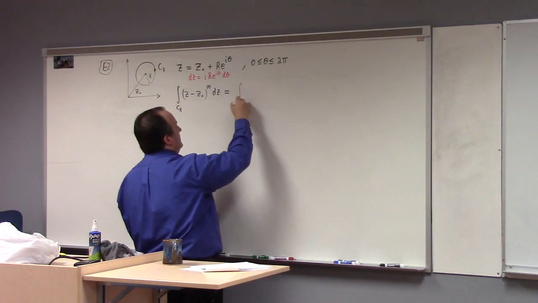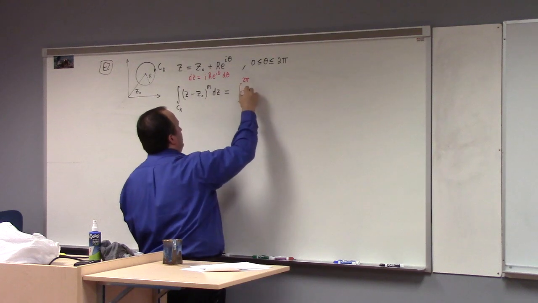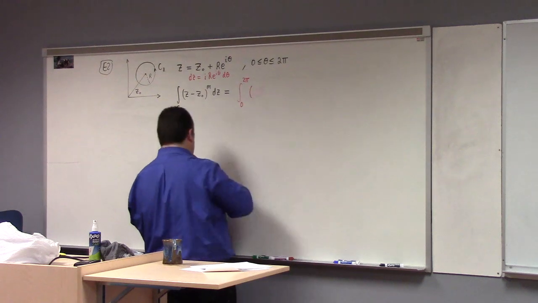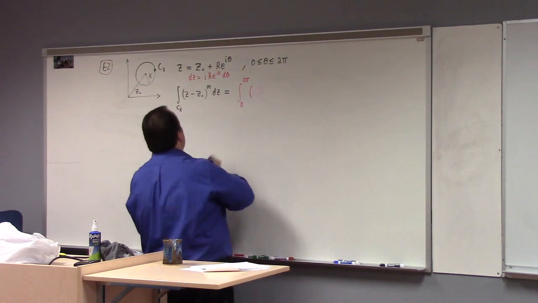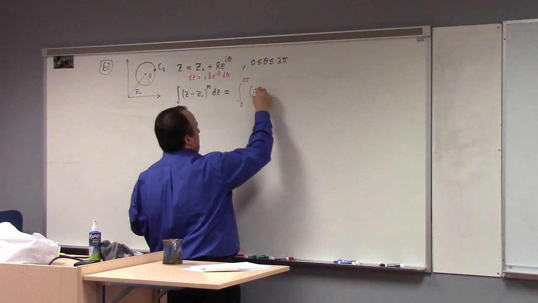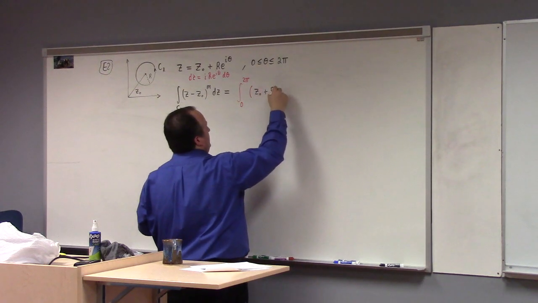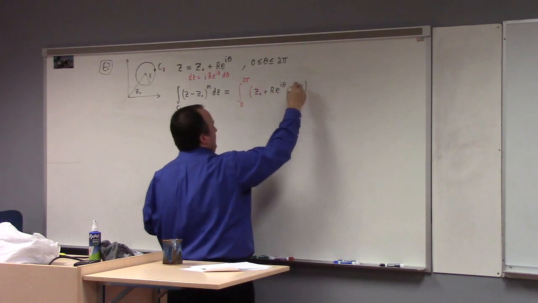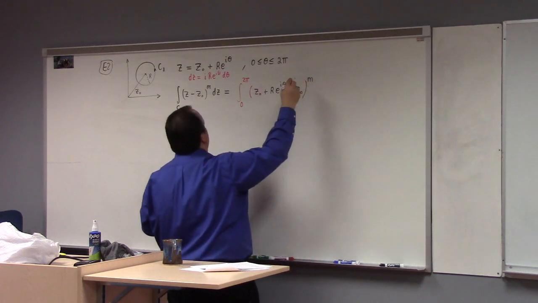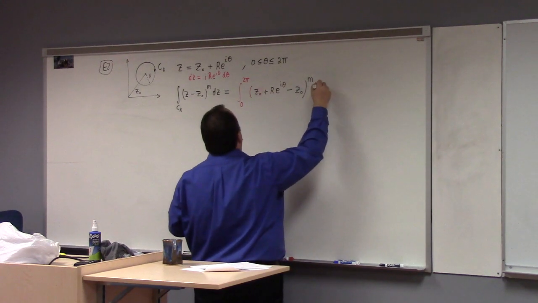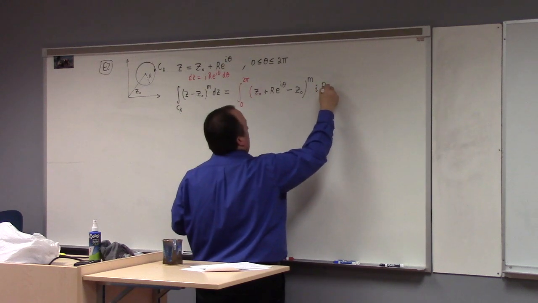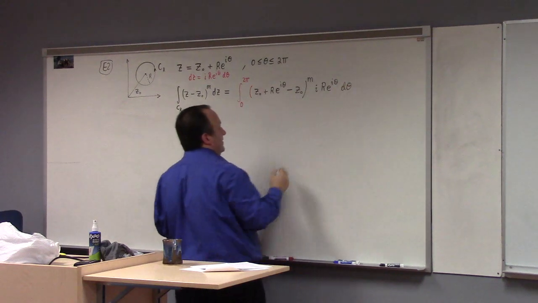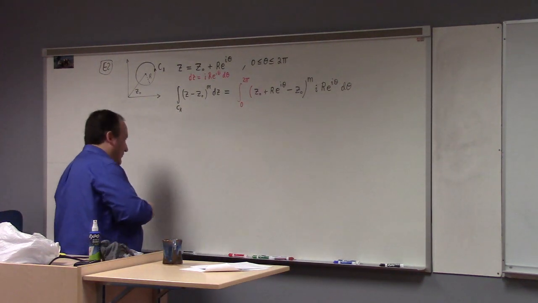This is the integral from 0 to 2 pi of z0 plus r e to the i theta minus z0, right, to the m as in mummy power times i r e to the i theta d theta. That's my dz. Are we in agreement? I hope so.